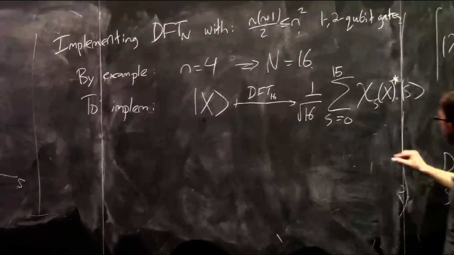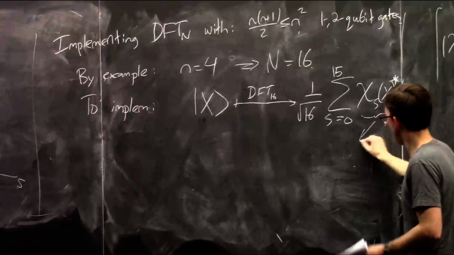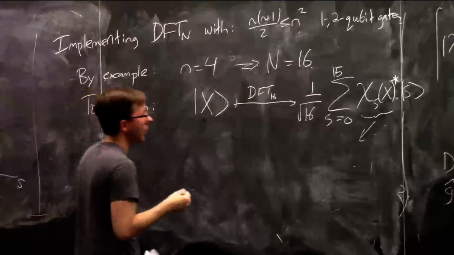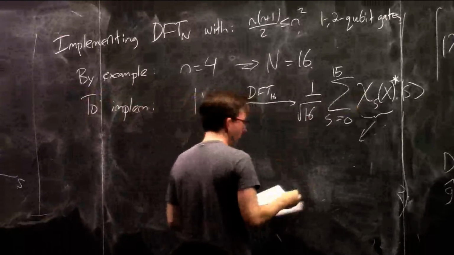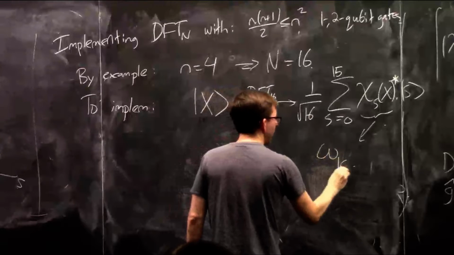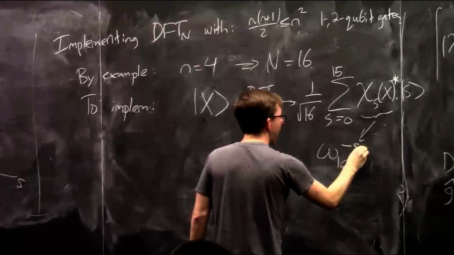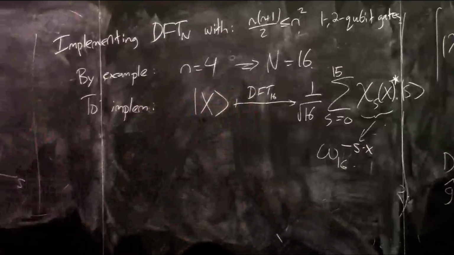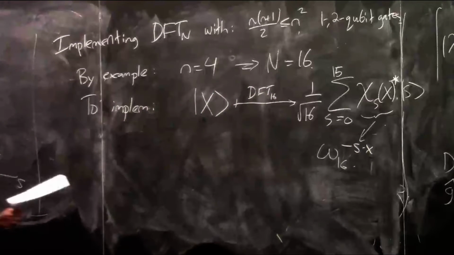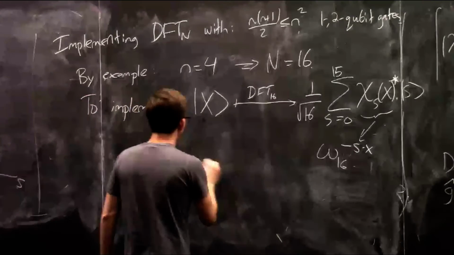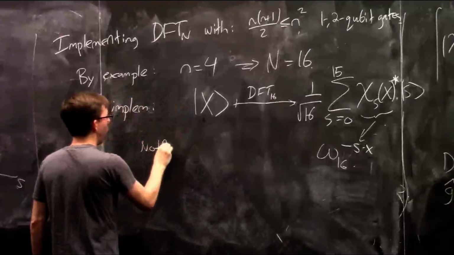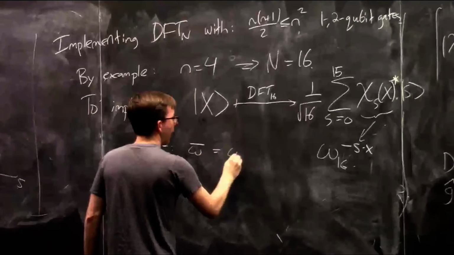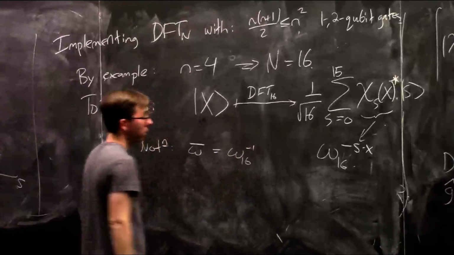OK, and what are these amplitudes? Well, since this is the Fourier transform, we've got the star in there. So this is actually omega, the 16th root of unity, to the power of minus s times x. And this is the normal multiplication of two numbers between 0 and 15. Just notation from now on, I'm going to write omega bar for omega 16 to the minus 1.